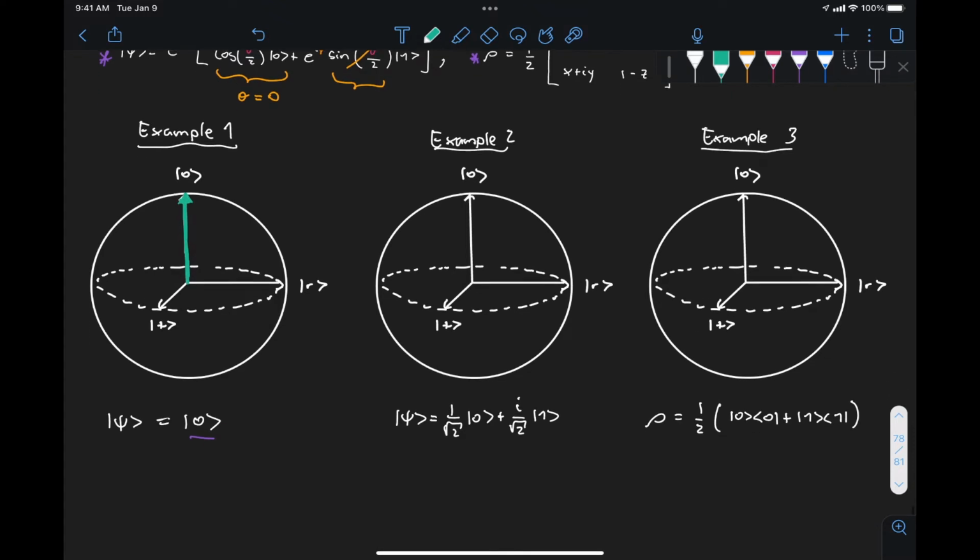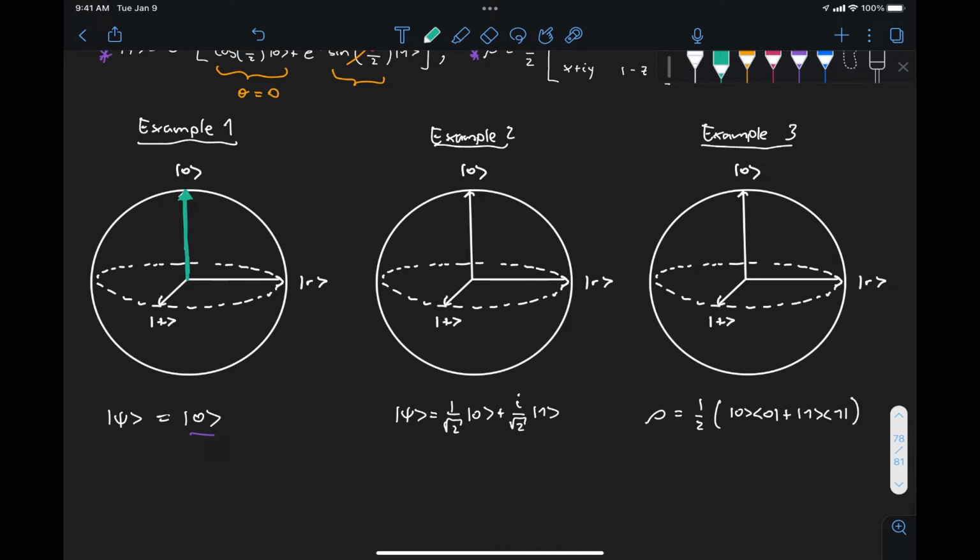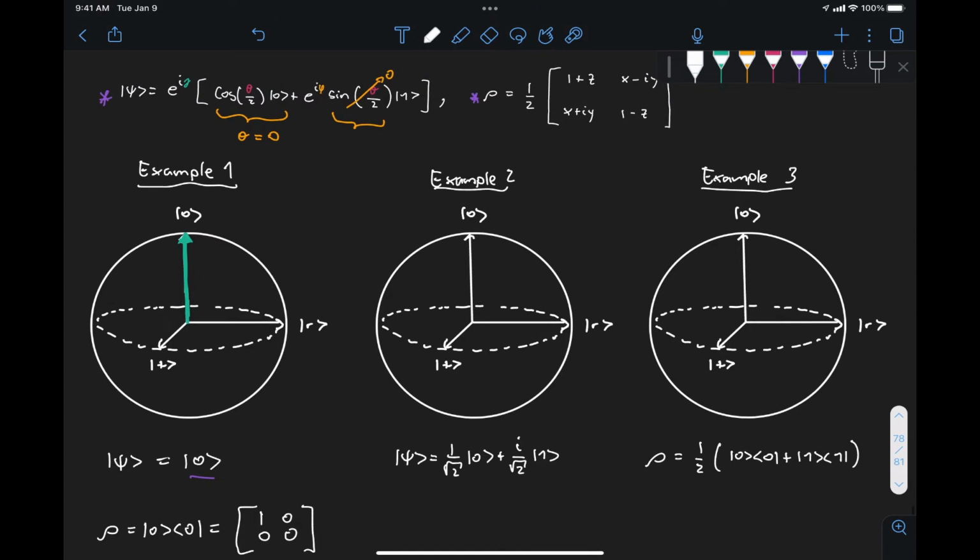But now, let's take a look at the density matrix for this state, right? So we know that the density matrix for the state 0 is given by 1, 0, 0, 0. So if we take a look back at the expression for a general density matrix here, what are the values that x, y, and z must take so that we can get the density matrix for state 0?